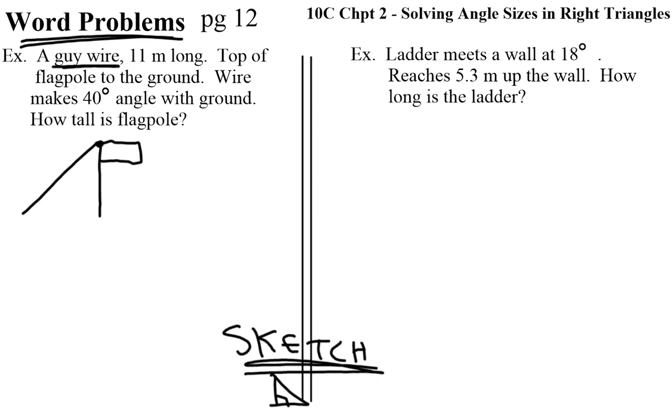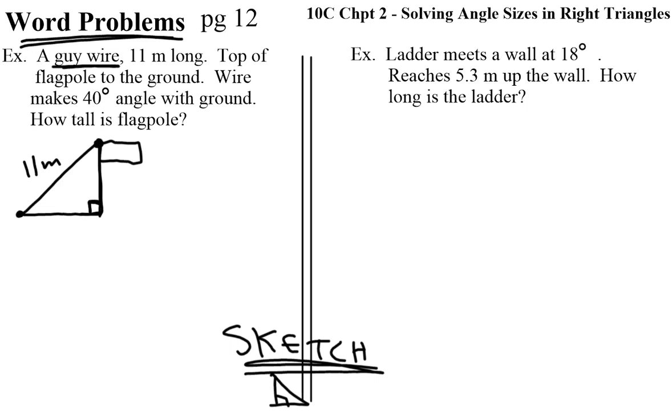So it says that it's an 11-meter long wire. It's at the top of the flagpole and it's attached to the ground somewhere. Well, just with that information, hopefully you see that you have a right angle triangle. The flagpole is stuck in the ground at 90 degrees.